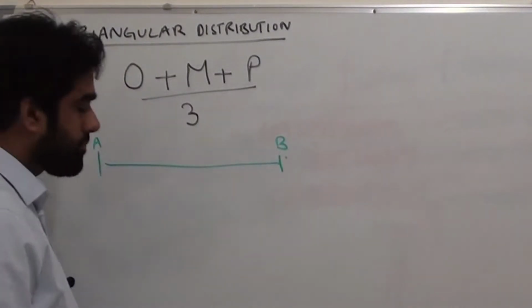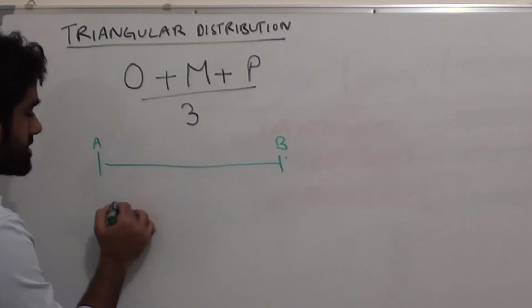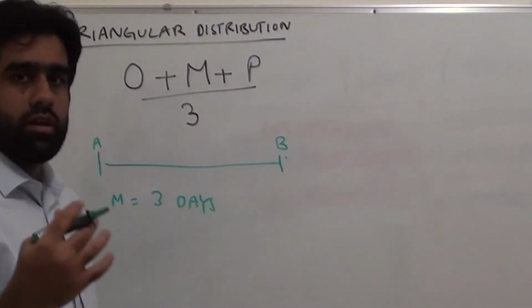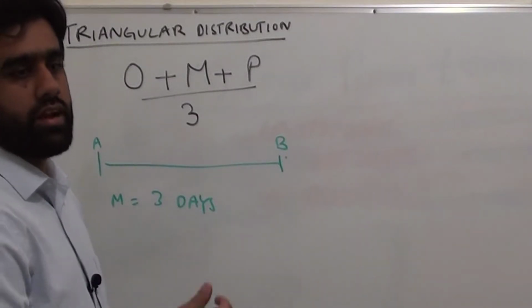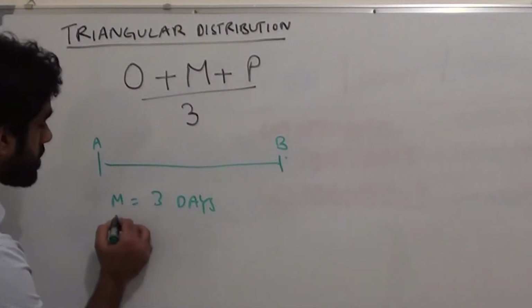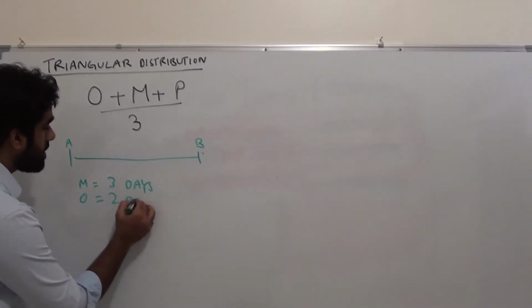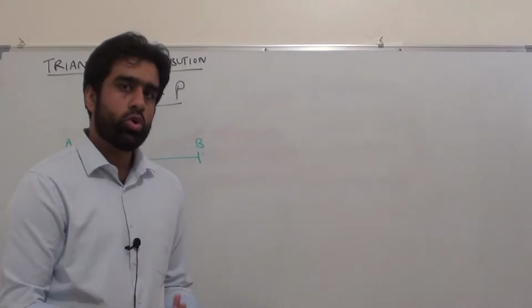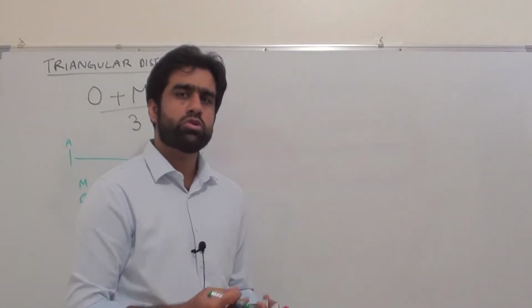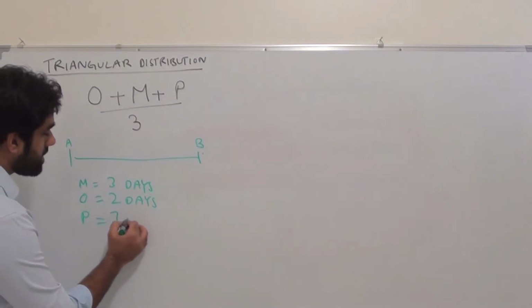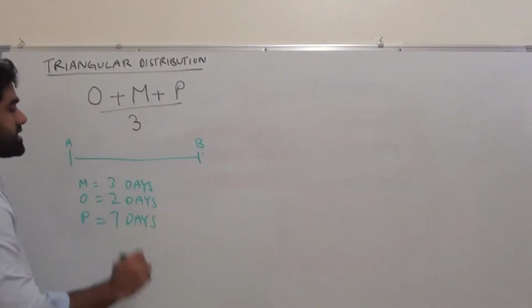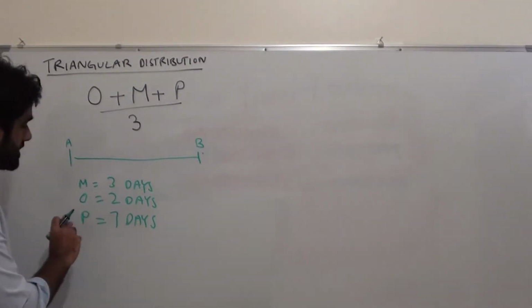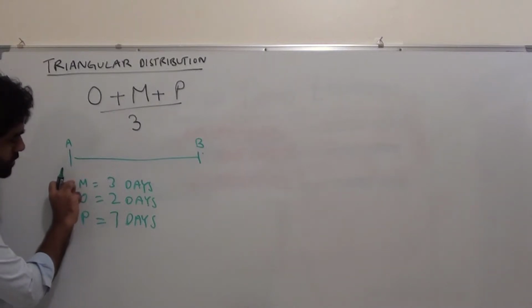The most likely time it will take is 3 days, but if things go very well, there is no hindrance, in the best case scenario, the optimistic, it may take 2 days, and in the worst case scenario, if things don't go as per plan and there is some traffic problem or something happens to the car, it might take 7 days.